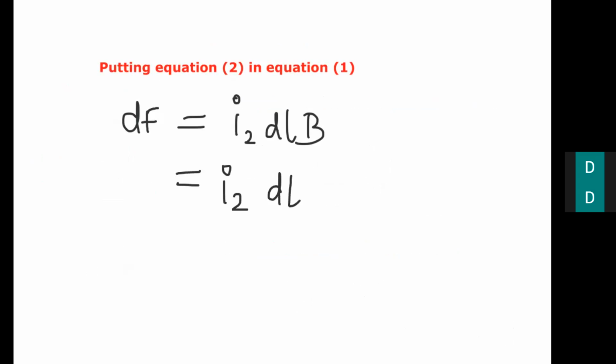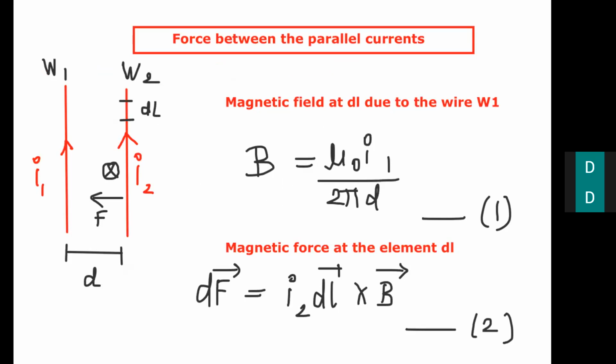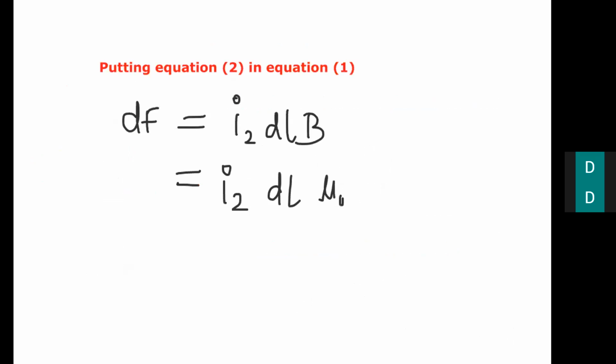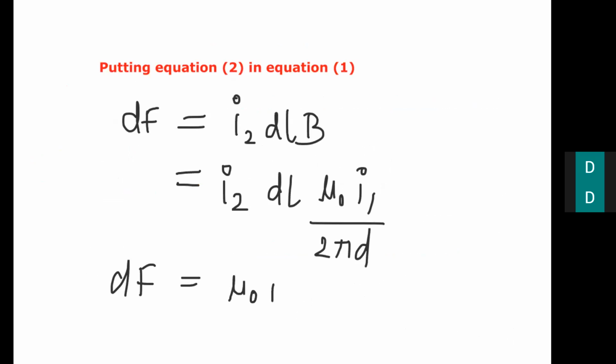We have already found it: mu 0 I1 upon 2 pi D. Substituting, overall that gives me dF equals mu 0 I1 I2 upon 2 pi D into dl.